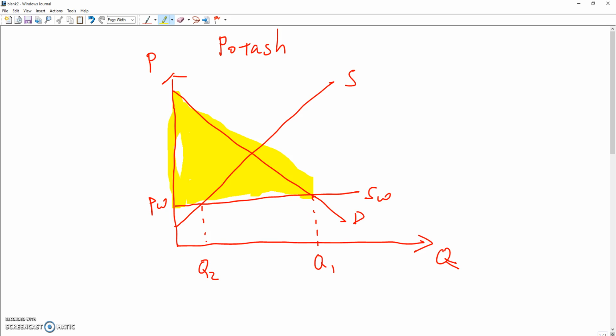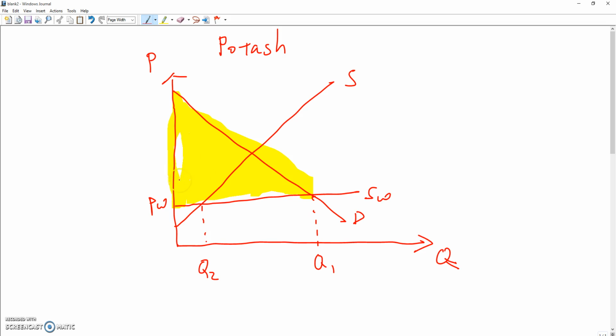So this is your so-called new consumer surplus when world supply is entered into the equation. It is a lot larger than your normal domestic demand-supply situation, and actually you can link it to comparative advantage. Without comparative advantage, we won't be able to import goods at such a low price, and our consumer surplus won't be as high.